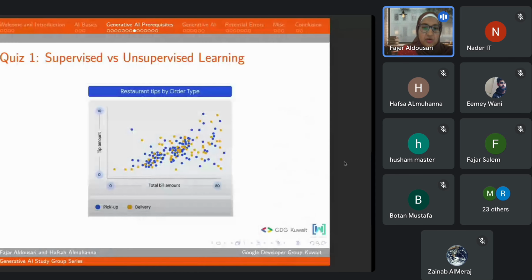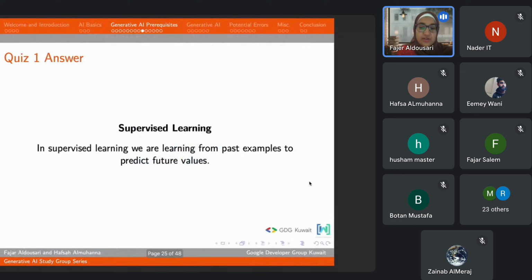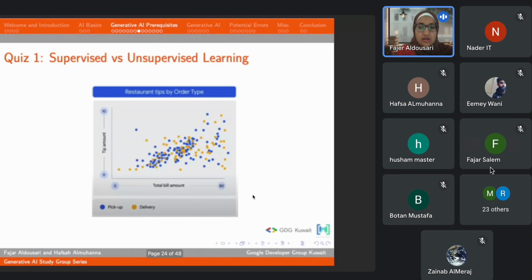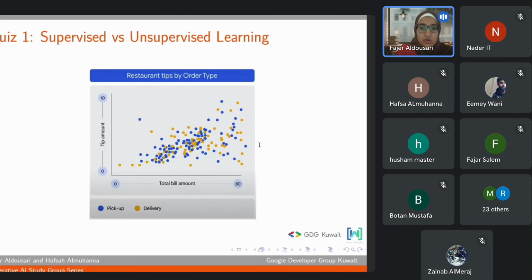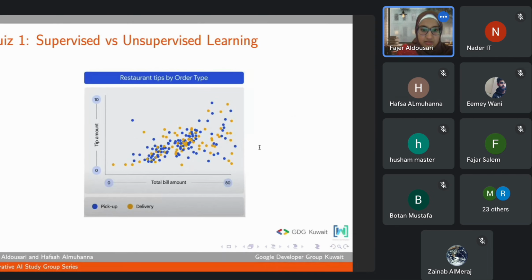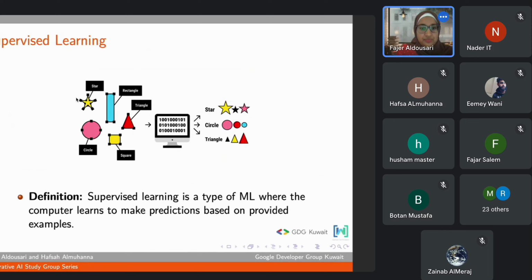Okay, so this is actually a supervised learning problem because the data is, as we mentioned, labeled, right? Going back to the slide, supervised learning uses labeled data.